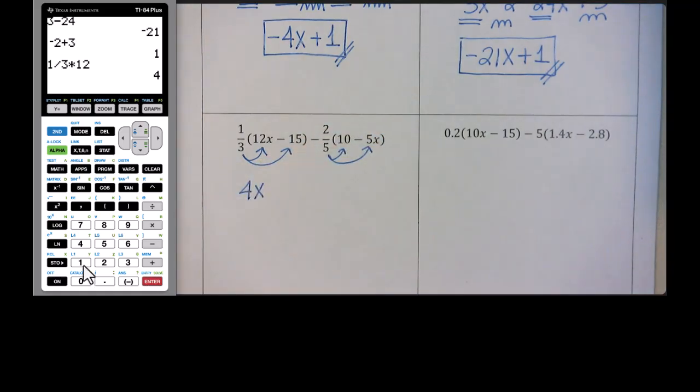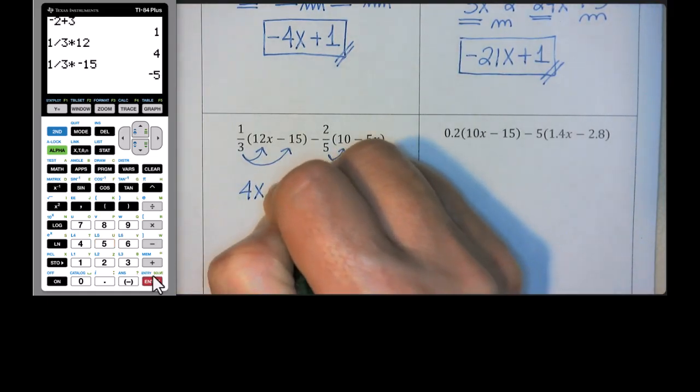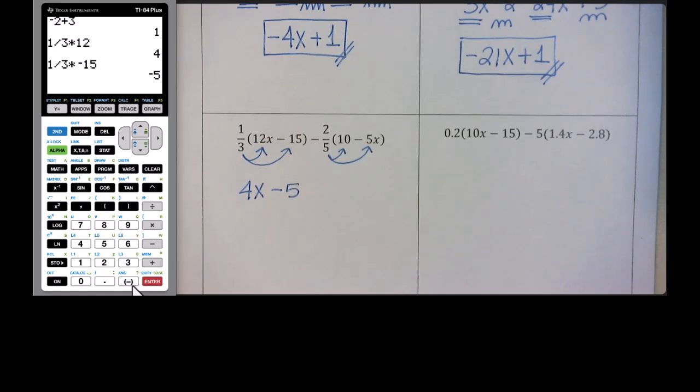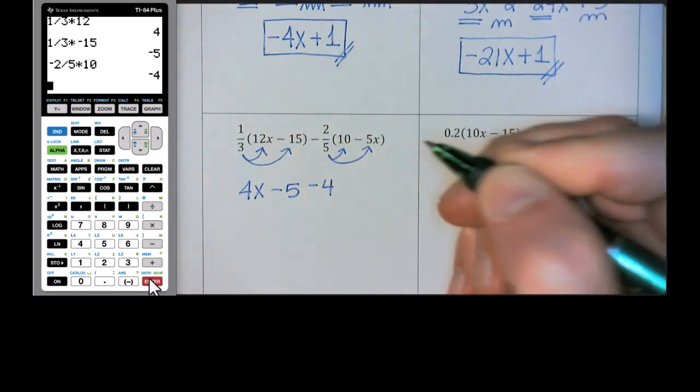Then we do again 1 divided by 3 times -15, and we get -5. Then I have -2 divided by 5 times 10. Enter, and we get -4.